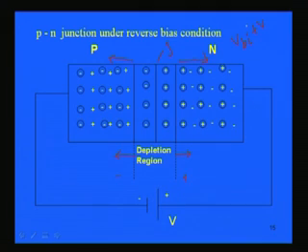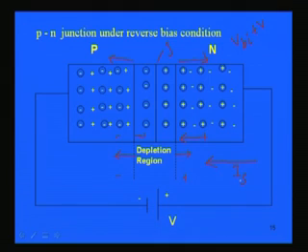So, the only current which will be flowing, and that too is in the micro order, is due to the minority carriers, because minority carriers are holes in the N type and electrons in the P type. So, the positive terminal of the battery will be repelling the minority carriers, which are holes, from the N side to cross over. Similarly, the negative terminal will be repelling the electrons to cross over. So, a current will flow, called the reverse saturation current.